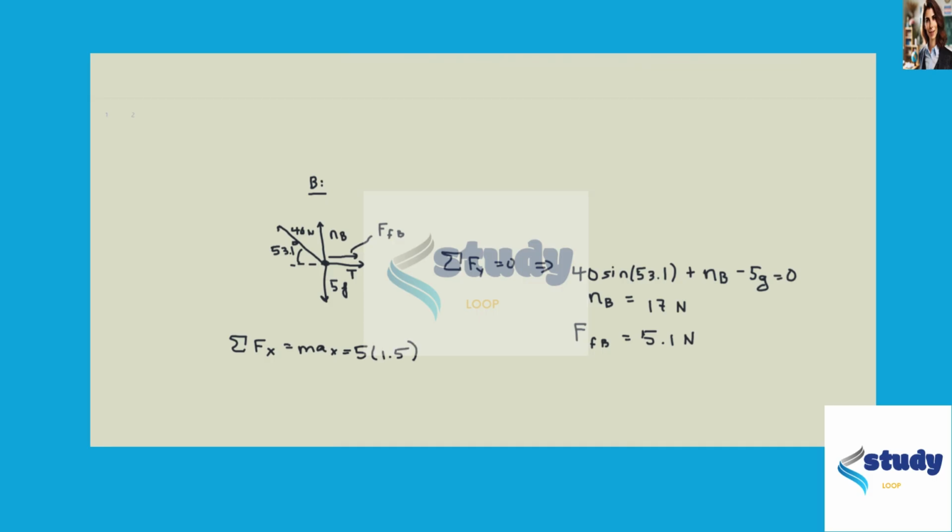Plugging in for our forces, we get 40 times cosine of 53.1 minus T minus force of friction on B is equal to 5 times 1.5. We can solve this for tension and get that tension is equal to 11.42 newtons. Here I had to substitute in what the force of friction on B was, which we found here. And so that's the answer to part A.